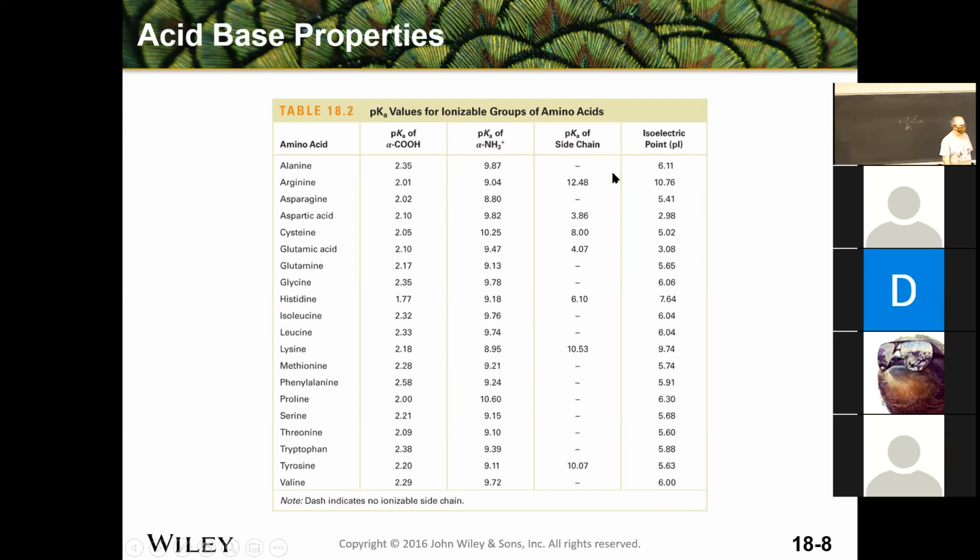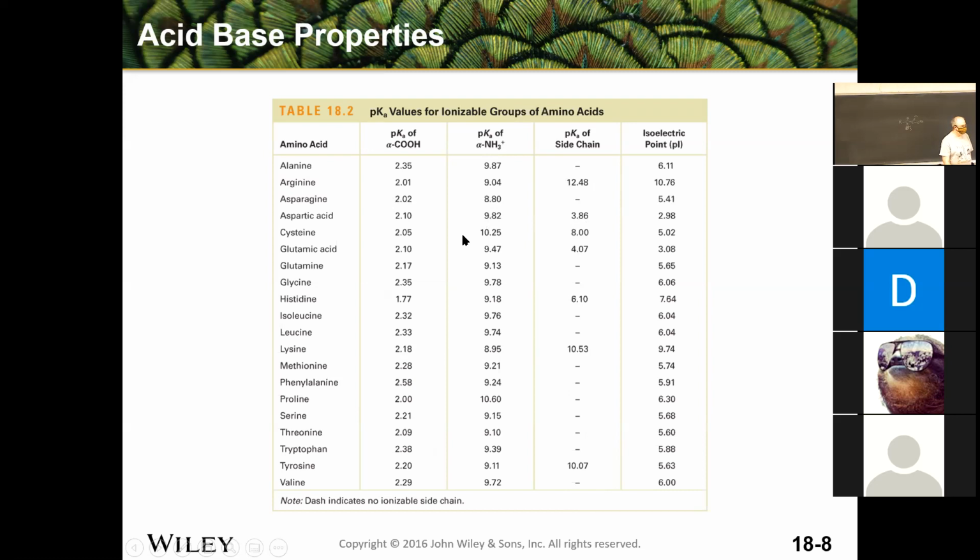Okay, and then the ones that have acidic or basic side chains, the ones with basic side chains, like arginine, which has a basic side chain 12.48. Here's another one, lysine and tyrosine.